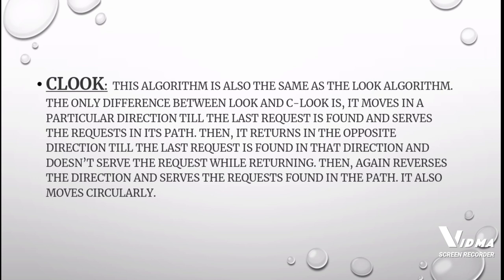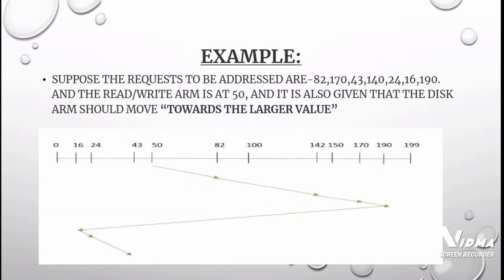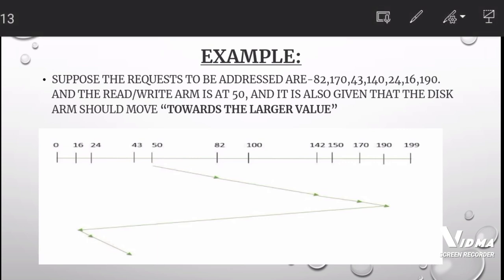So to discuss this more easily, let us take an example. So there is an example as we have taken in LOOK. There are also request addresses given like 82, 170, 43, 140, 24, 16, 190. And in the question that is given, we have to start from 50.